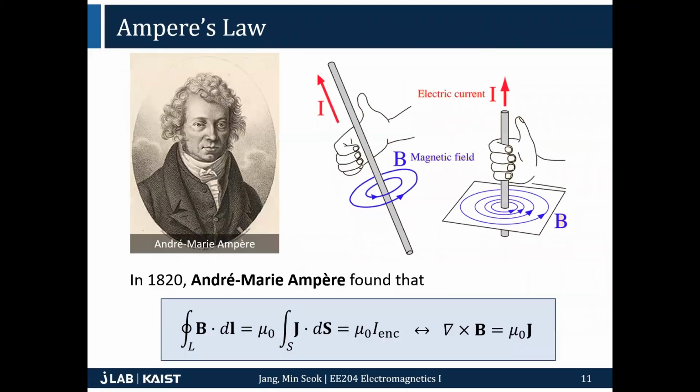I'd like to talk about Ampere's law. Ampere's law is written like this. This is basically the counterpart of Gauss' law in electrostatics. What it tells us is that if you perform a closed loop integration of the B field, it's the same as the current enclosed by the loop.